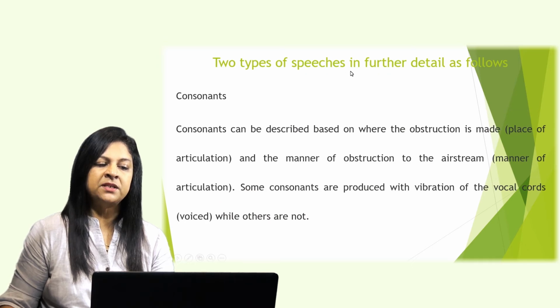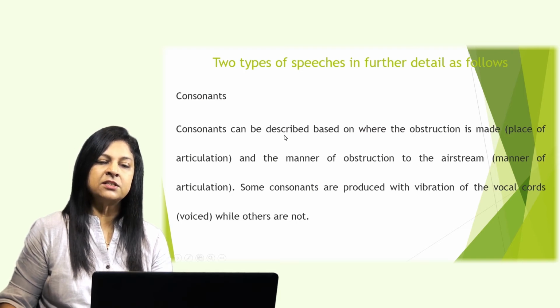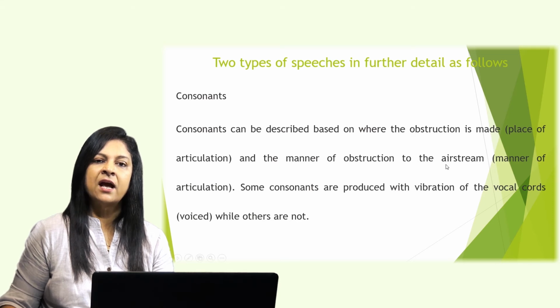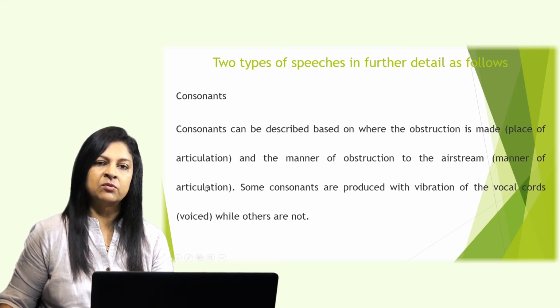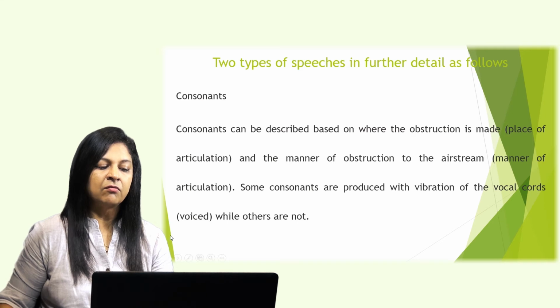Consonants can be described based on where the obstruction is made, place of articulation, and the manner of obstruction to the airstream, manner of articulation. Some consonants are produced with vibration of the vocal cords, voiced, while others are not.